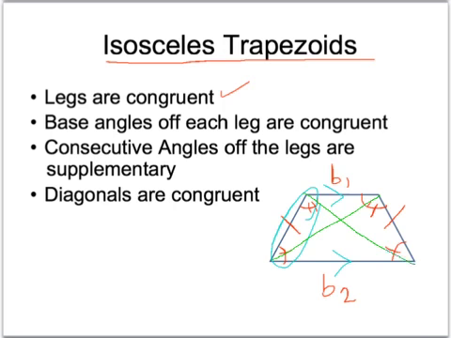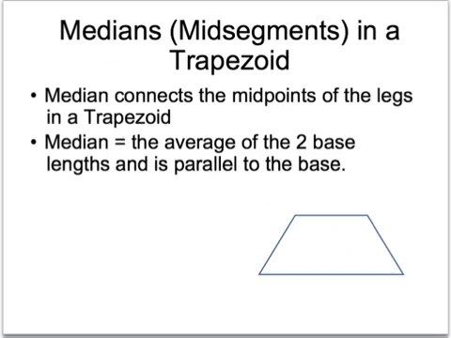And we may do a little proof of that later on. Okay, so you have an isosceles trapezoid: legs are congruent, base angles off of each leg are congruent, and the consecutive angles here, because they're same side interior, will be supplementary. Diagonals are congruent.